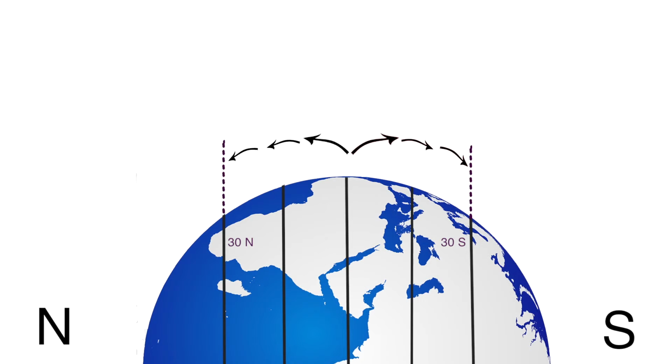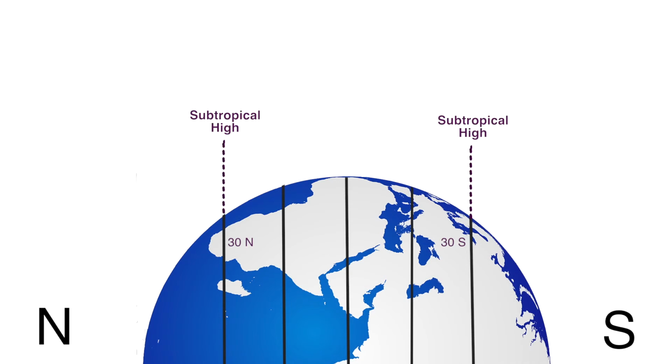The buildup of this extremely cold, heavy air creates a high pressure zone, which pushes down toward the Earth with great force, forming what we call the subtropical high at both 30 degrees north and 30 degrees south.